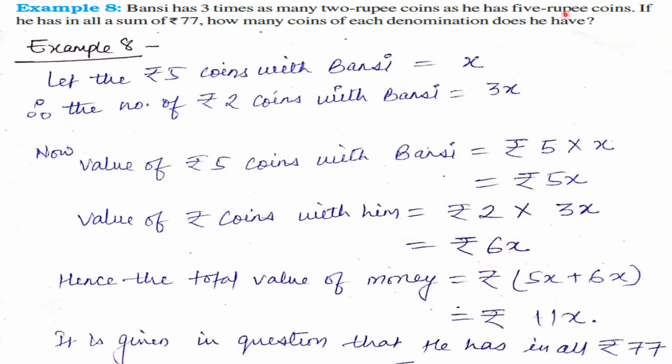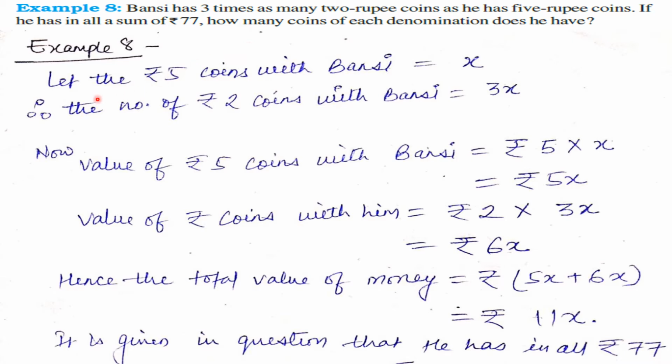What they are saying is, suppose he has 2 5 rupee coins, in that case he has 6 2 rupee coins because it is 3 times. Suppose he has 10 5 rupee coins, in that case he has 30 2 rupee coins. So we can assume this thing because it is the base. We can see this 5 rupee coin number is a base.